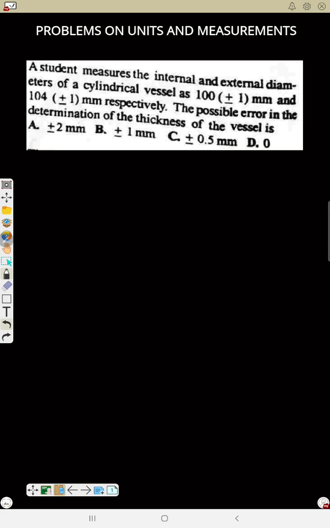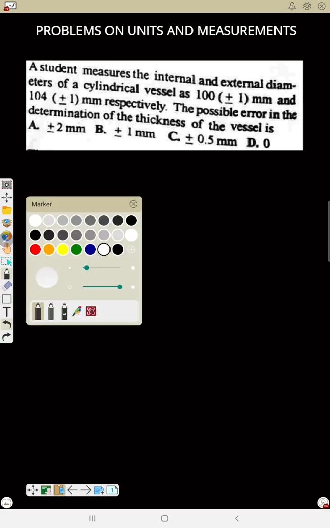The possible error in the determination of the thickness of the vessel is, now this is under error analysis.